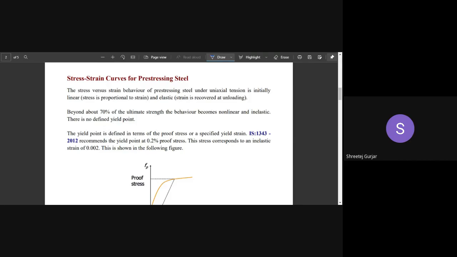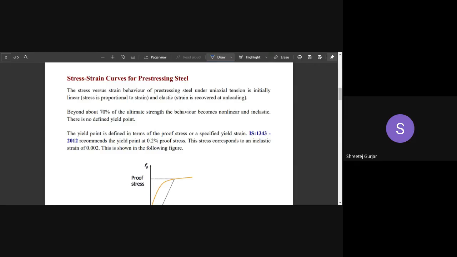The stress versus strain behavior of pre-stressing steel under uniaxial tension is initially linear. That is, stress is proportional to strain, linear and elastic. What do we mean by elastic? The strain is recovered at unloading.